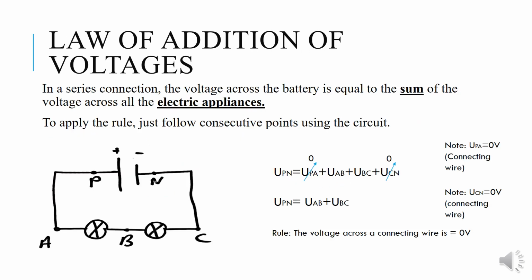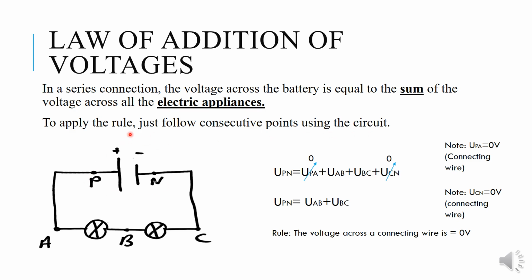Let's start with the law of addition of voltages. In a series connection, the voltage across the battery is equal to the sum of the voltages across all the electric appliances. To apply the rule, just follow consecutive points using the circuit.